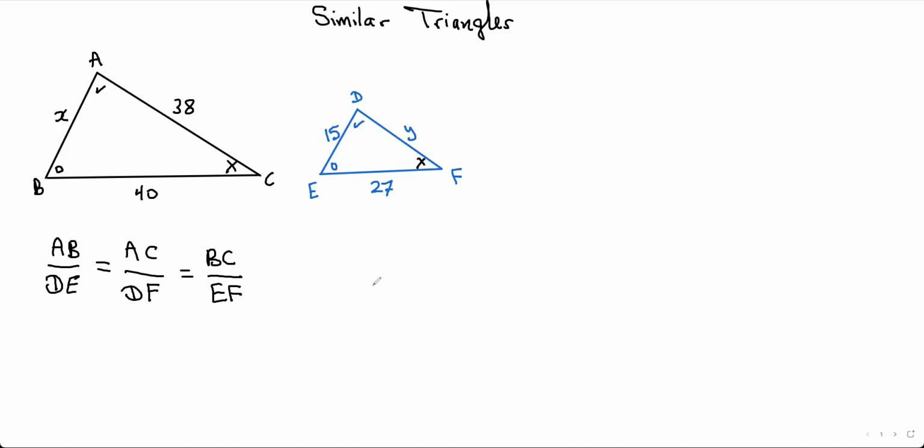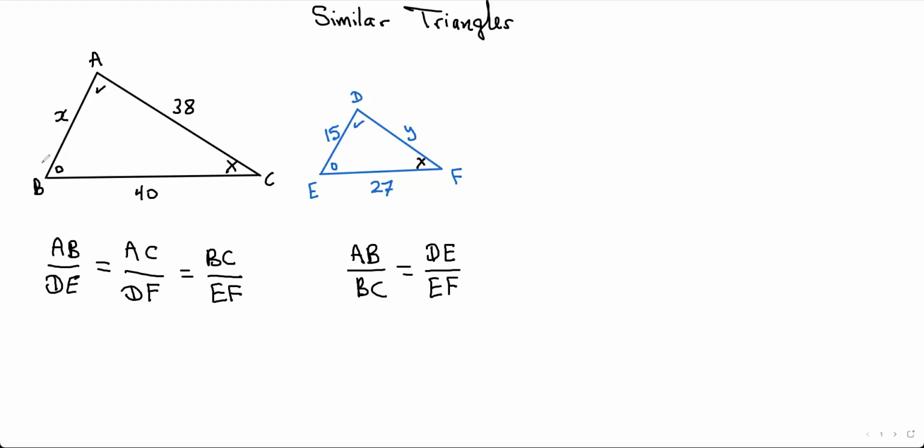And the second way, you also could go AB over BC is proportional to DE over EF. That's another way that you could use.